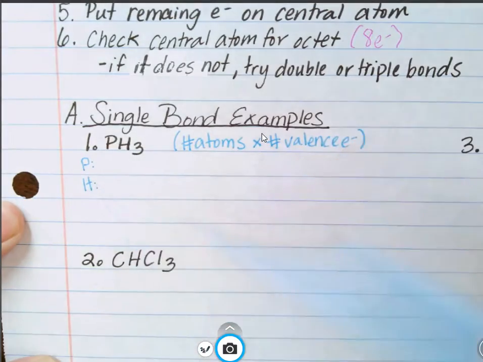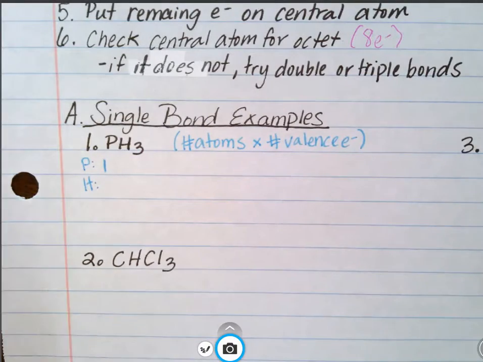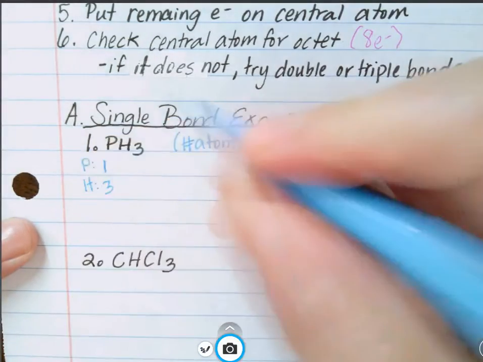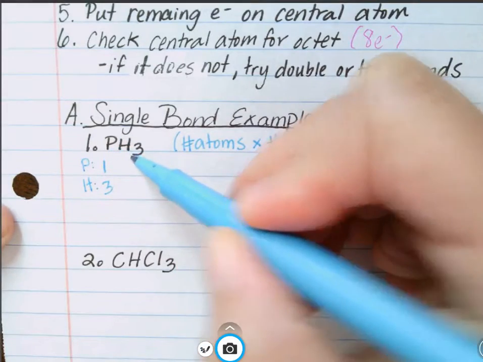Okay, so according to my formula, I have 1 phosphorus and 3 hydrogens because it's PH3.